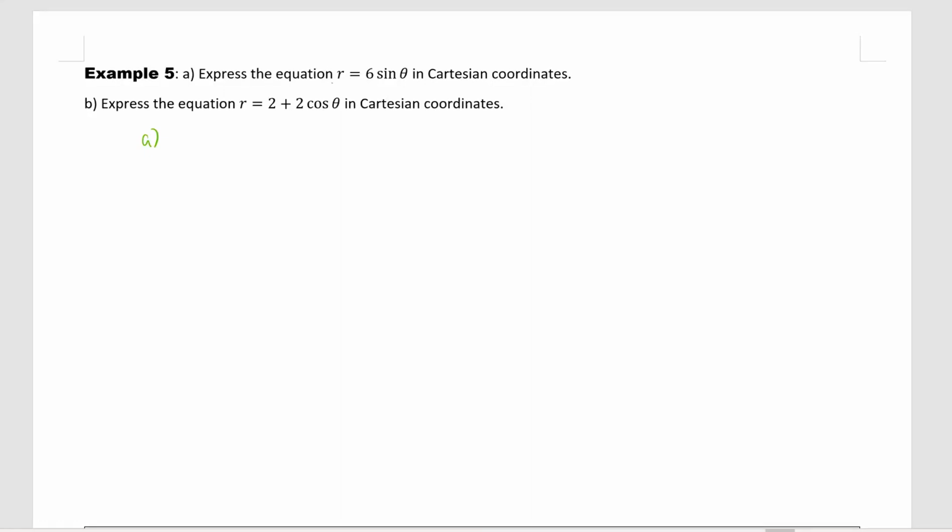You have r on the left, and then you have sine theta on the right. But you kind of want to create r sine theta because that will give us the y. So you hope to see r cosine theta because that is x, and you hope to see r sine theta because that is y.